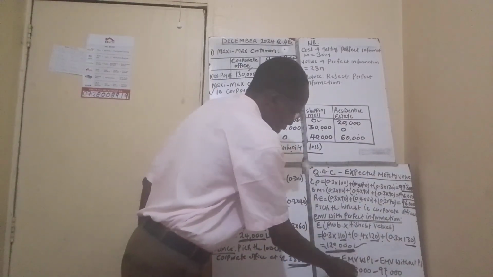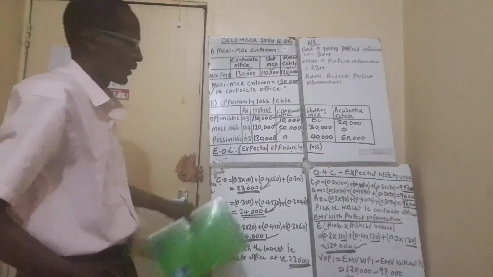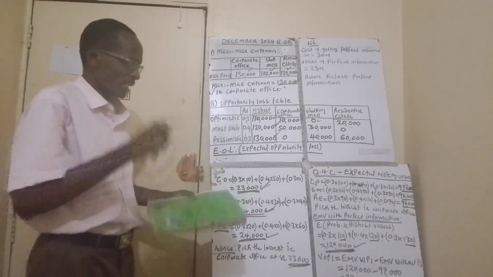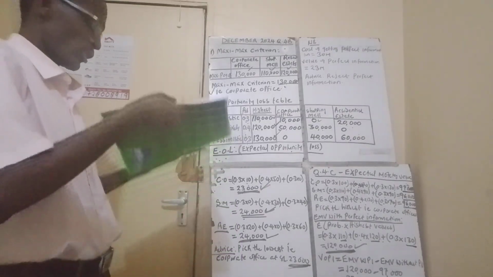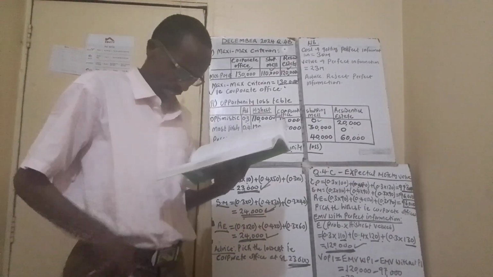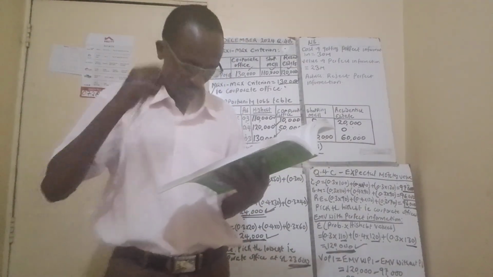So I take 120 minus 97, I get 23,000. Now 23,000 is the value of perfect information. But that is not the end of that question. Now let's refresh that question.